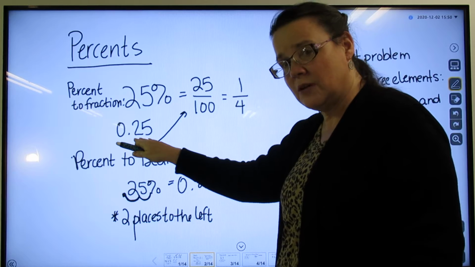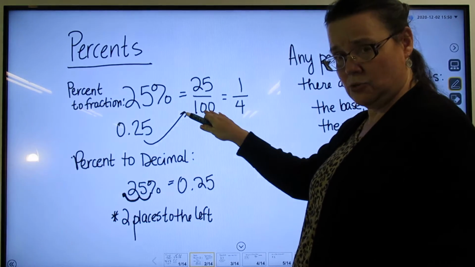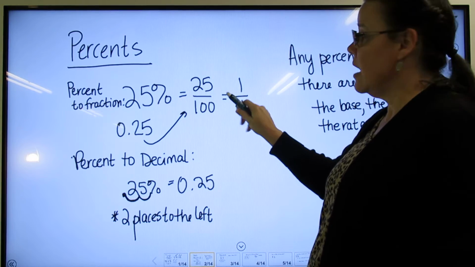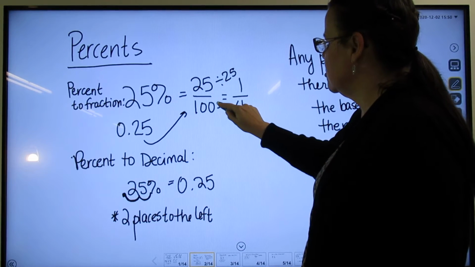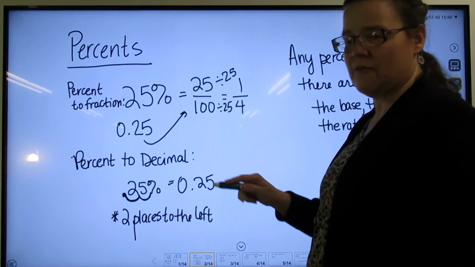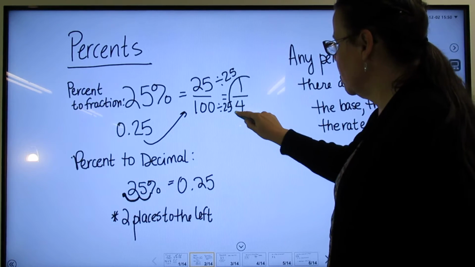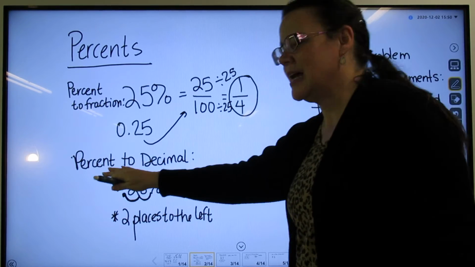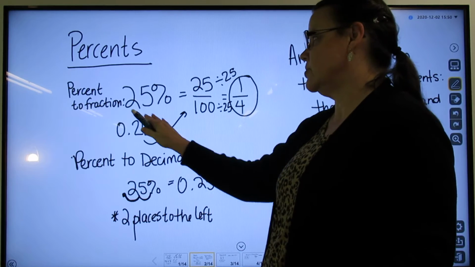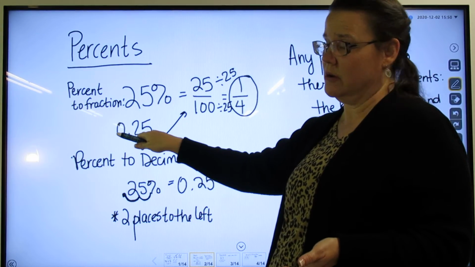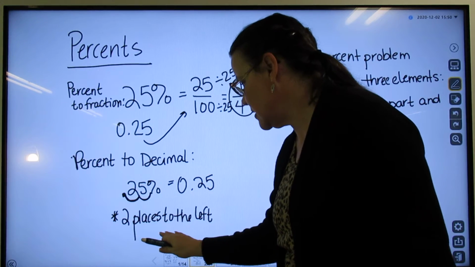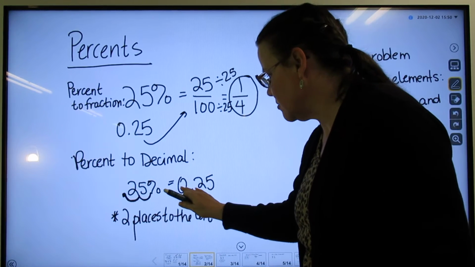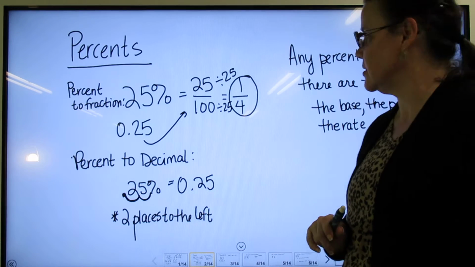We read it, 25 hundredths, we wrote it, 25 hundredths, and we reduced it by dividing 25 into each part of that fraction to get to 1/4. Then percent to decimal. You saw that I went from percent to decimal here, and how I did that is I just moved the decimal place 2 places to the left. I wrote my 0, and then it's 25 hundredths.